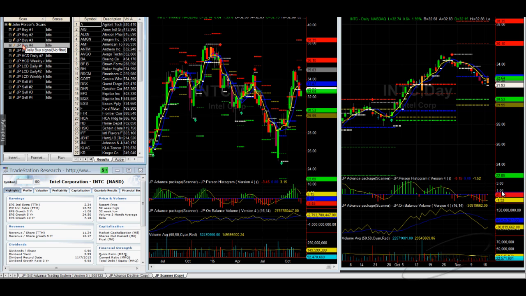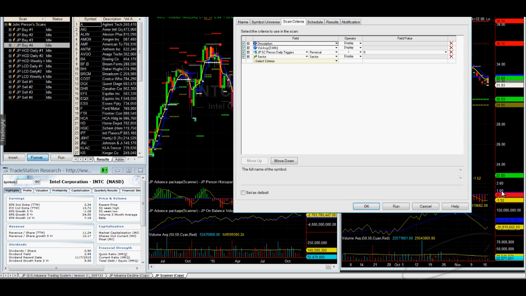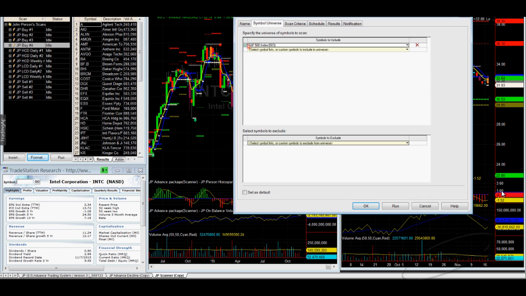I highlight over it. You'll notice that it's a daily buy signal and it says no filter. Can everyone see that? Daily buy signal, no filter. All I'm asking TradeStation's scanner feature to do is run a scan in the universe of the S&P 500.